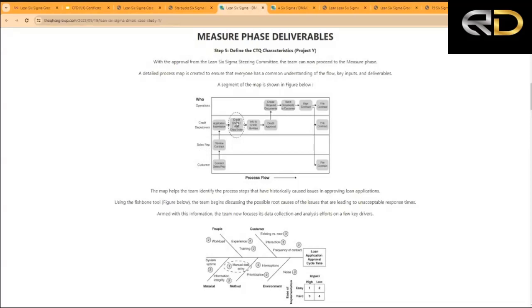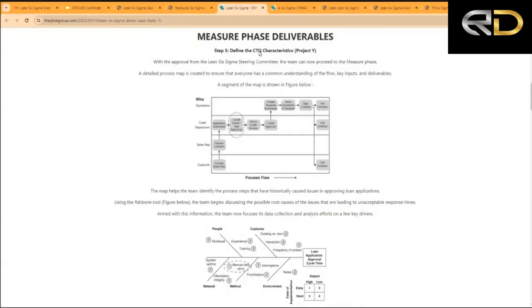The credit department does the credit check and data entry, and sends the information to the central bank. The central bank approves, and the credit department sends the credit card or loan application to the operations department, and they prepare an offer and return 3 copies: one to the customer, one to the credit department, and one stays with the operations department.